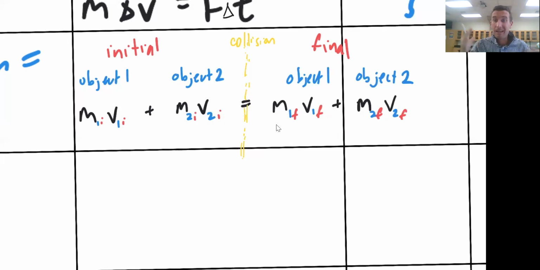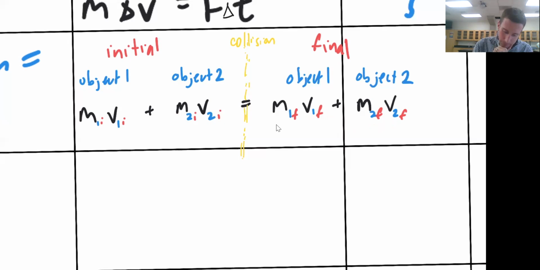Cool. If they end up sticking together, then they would add the two masses together and they'd have the same final velocity. So that number and that number could be the same. If they don't stick together, if they bounce off each other, then they could have different final velocities. And so this equation works in every case. So it's a really helpful one.